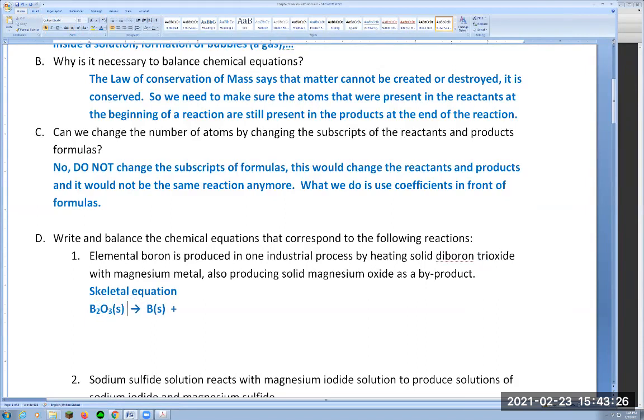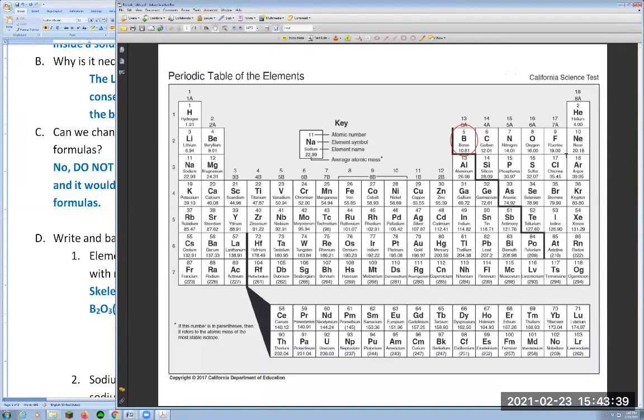So you're heating this with magnesium metal. So we are adding magnesium metal on the reactant side. Okay, let's look at magnesium here. Magnesium is an alkaline earth metal from group 2A, and it's a metal, right?